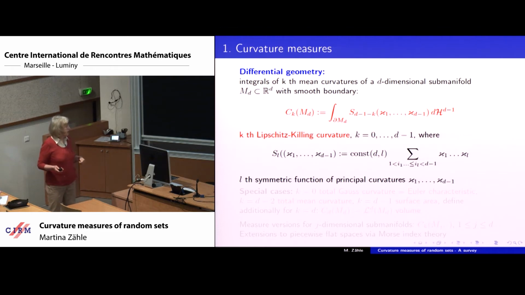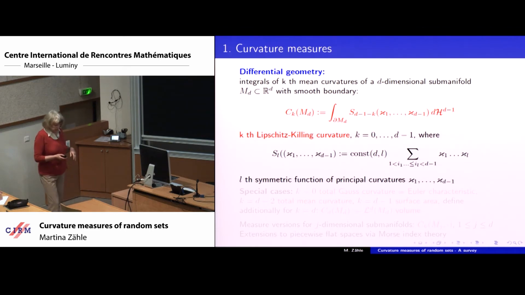This can be extended to lower-dimensional submanifolds too, and there is also theory behind that. Here the curvature functionals of order k are introduced as integrals over the boundary of certain symmetric functions of the so-called principal curvatures.